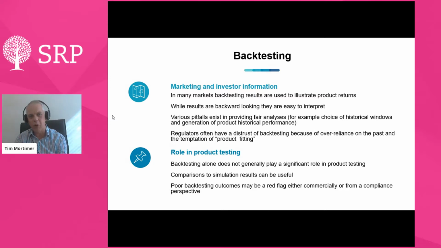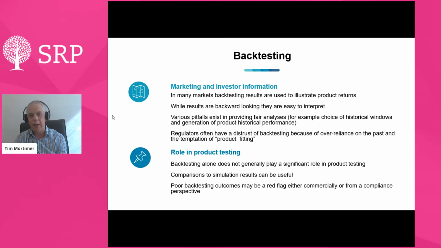Because you can quickly evaluate what the backtest results will be, you don't want a process which overly relies on the backtest, because it is possible to construct products which have great backtesting but don't necessarily have good forward-looking prospects, which is why stress testing has taken over in regulatory terms, because stress testing will generally flush out the dangers and the risk. Backtesting will just show you what has happened, and that may or may not be the same thing.